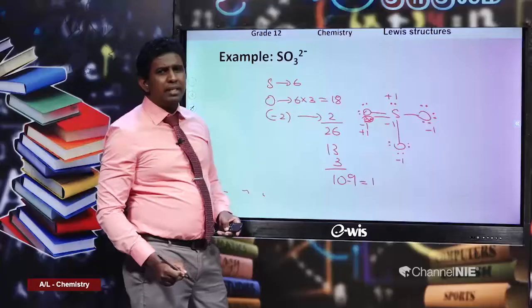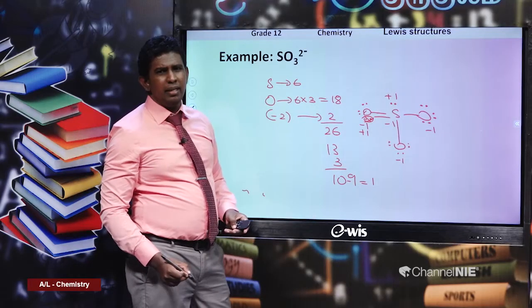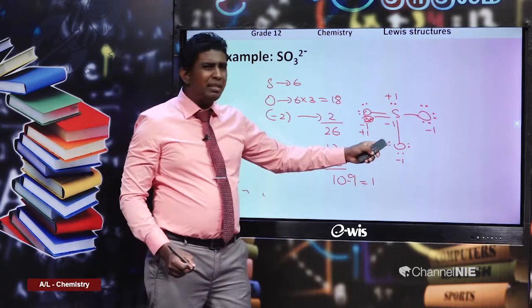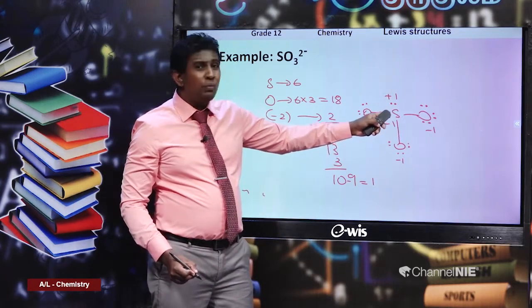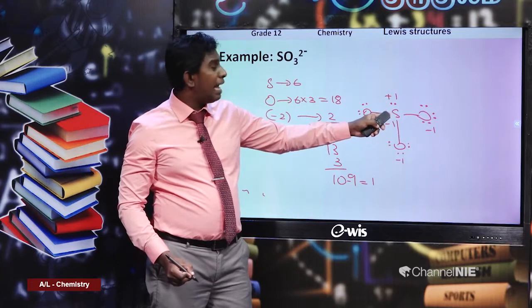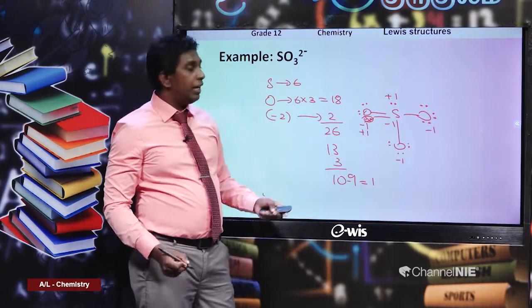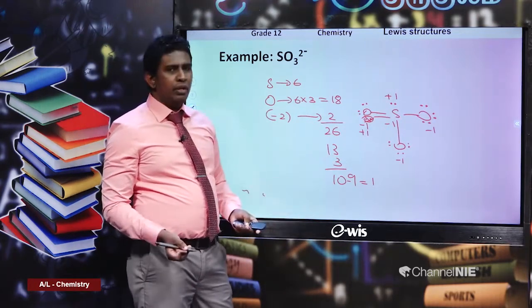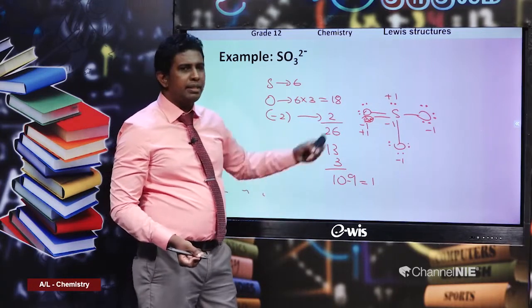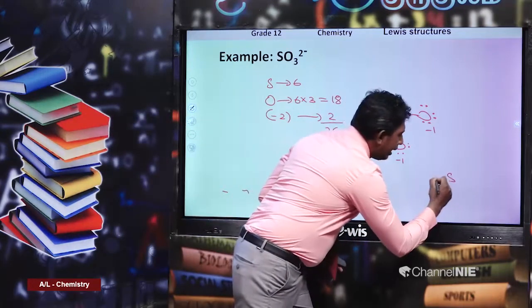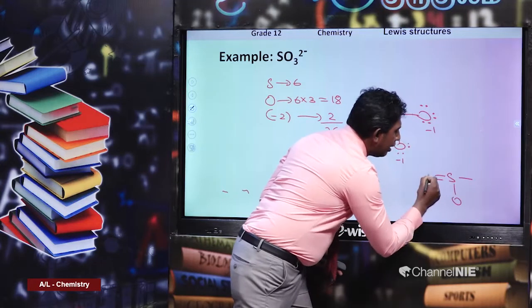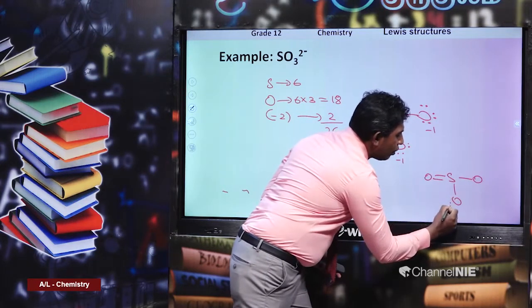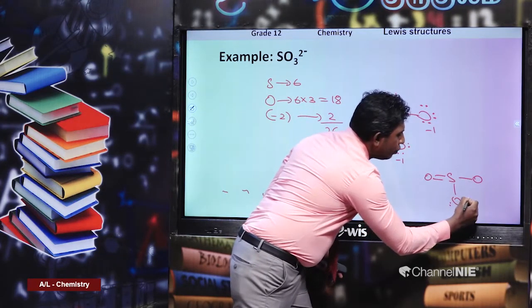But if we try further dative bonding, those would be cancelled, but a minus charge would appear on the sulfur atom. Therefore, we can't let that happen. So students, this is the best. So we settle with that. It's the Lewis structure standing for SO3 2-.